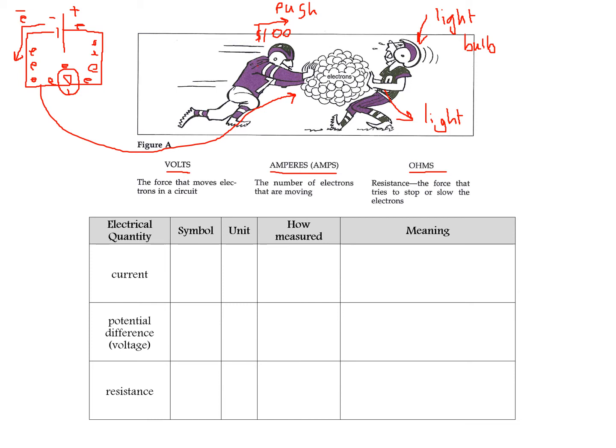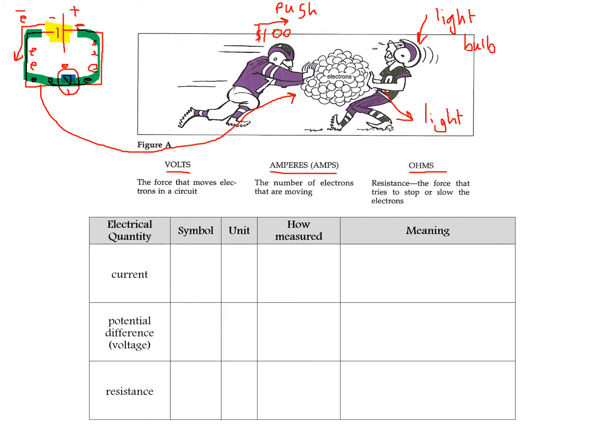So basically three things. Here is my push. Here, the electrons, that's my current. The more electrons I have, the bigger my current. Electrons are moving, we have current, electricity.